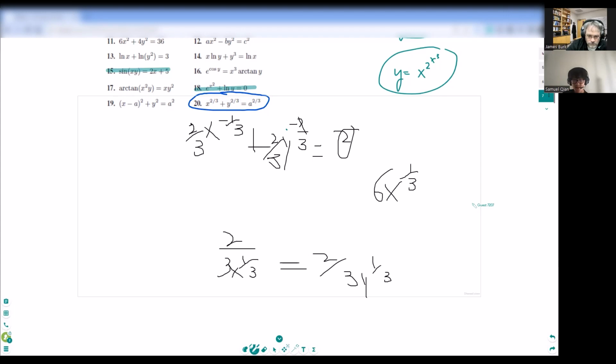Wait, wouldn't it just be y equals negative x?